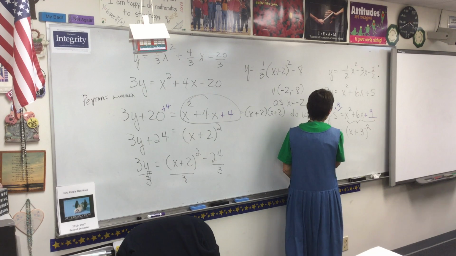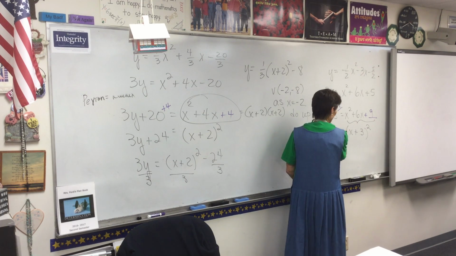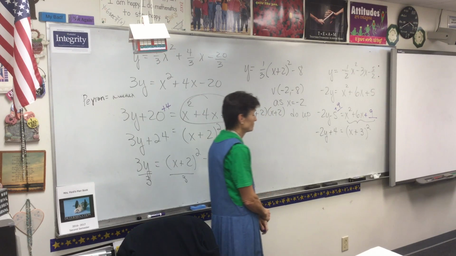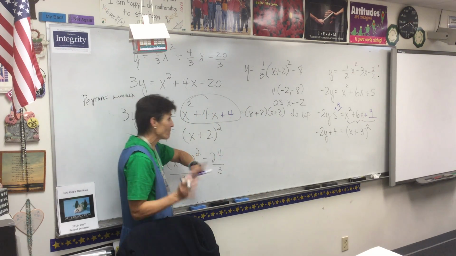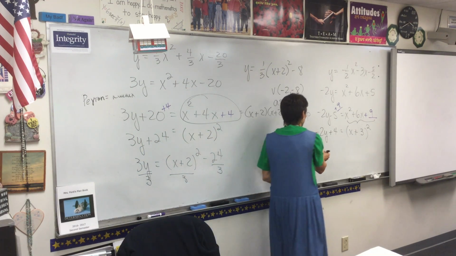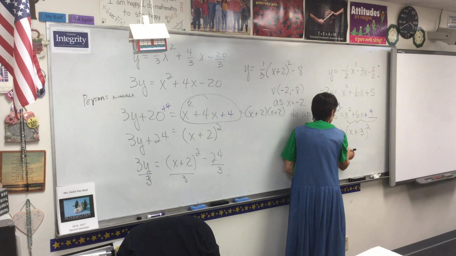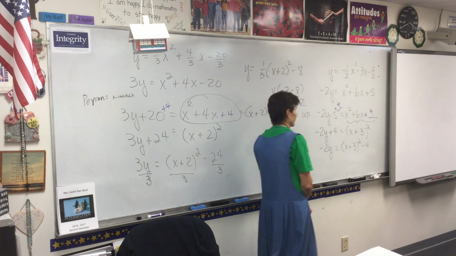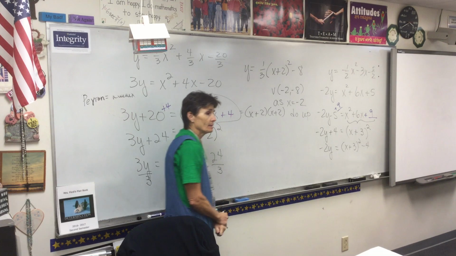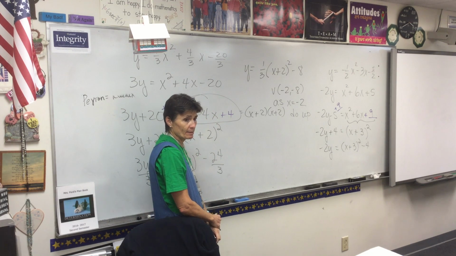And over here I had -2y plus 4. Now we start moving stuff back. So we'll take the 4 back over. And then we'll divide by -2.